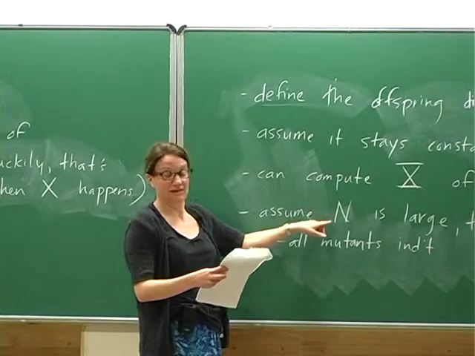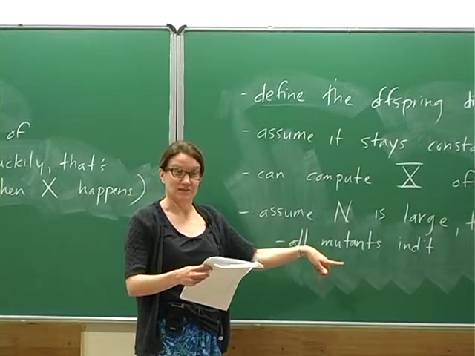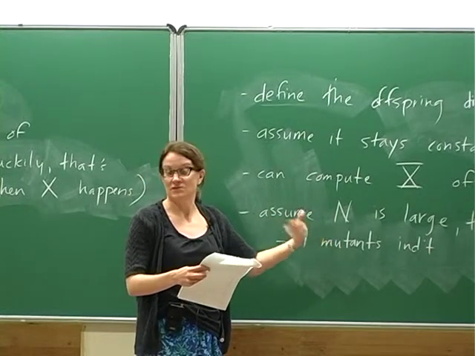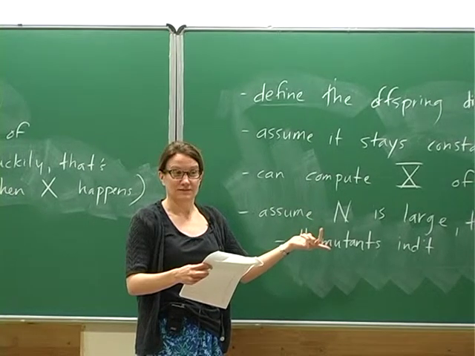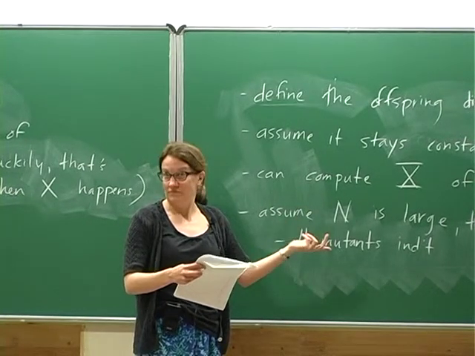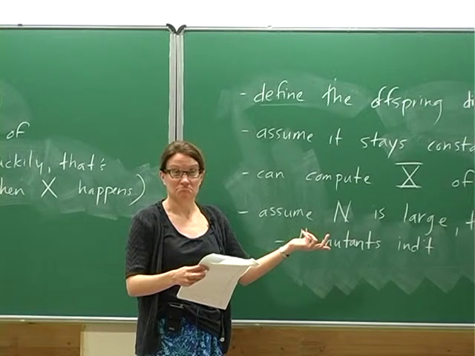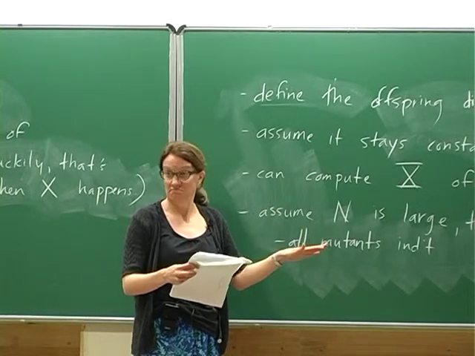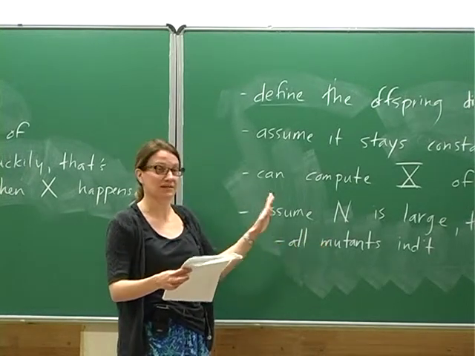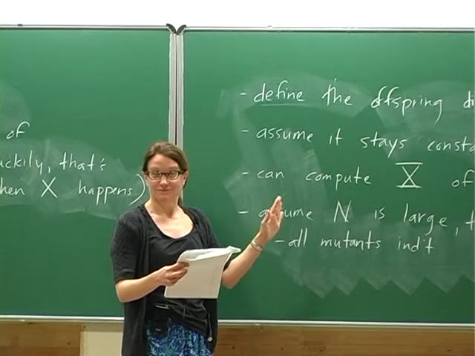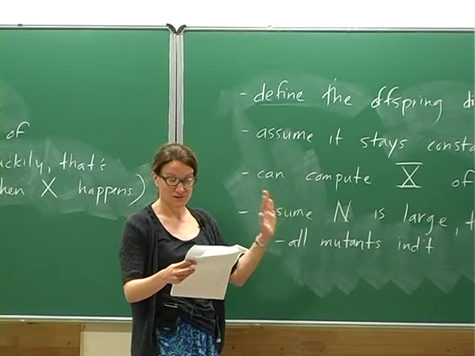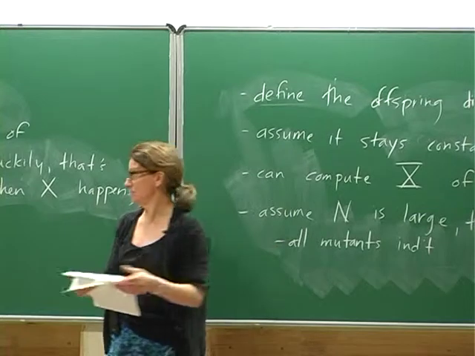And in fact, in the infinite limit, it goes to 0. So if there's no drift, what happens to a deleterious mutation that arises, or a neutral one? It's gone, right? So this approach will not tell you ever that a deleterious or neutral mutation will fix.